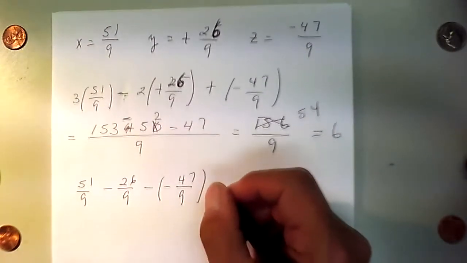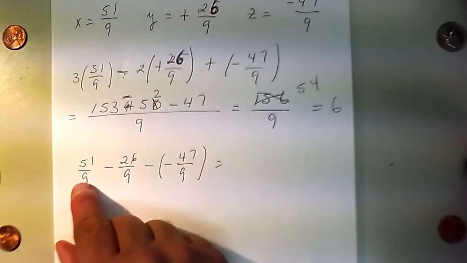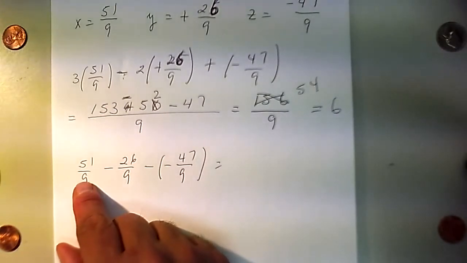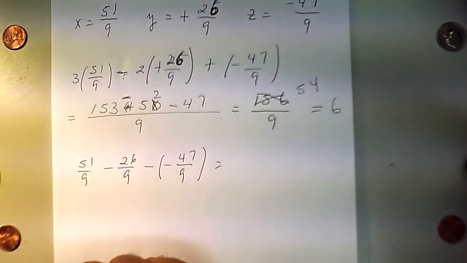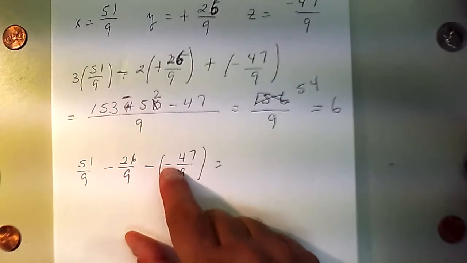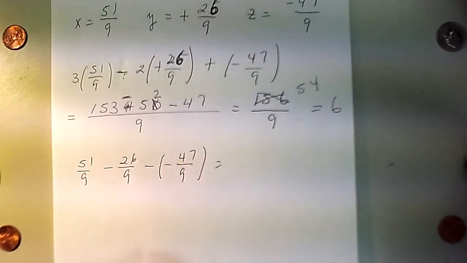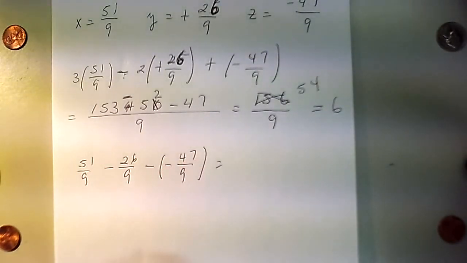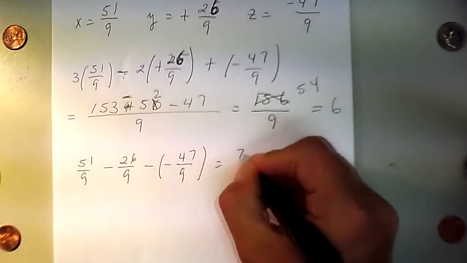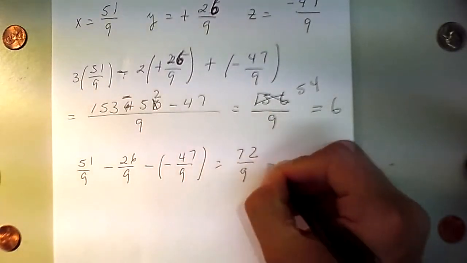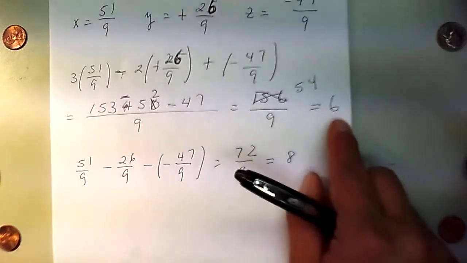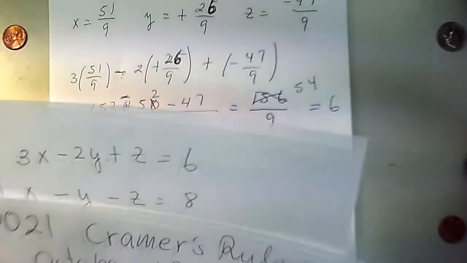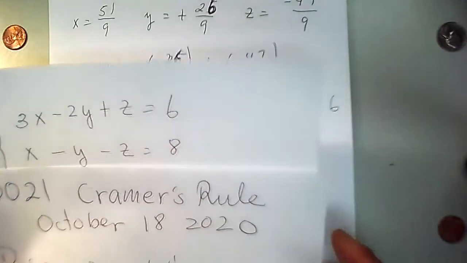Now let's see, I on purpose moved the page, the original problem, quickly because I didn't want to know what it was. 51 minus 26 is 25, but then we're going to add 47. That's 72. 72 over 9, and that I know is 8. And I do remember on the last column, we had 6 and 8.